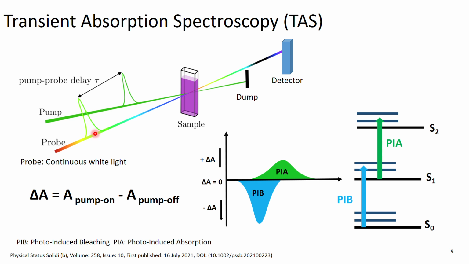In this technology, we have two lights. One is the pump pulse, and the pump is to excite the sample from the ground state to the excited state, and the probe is the continuous white light.